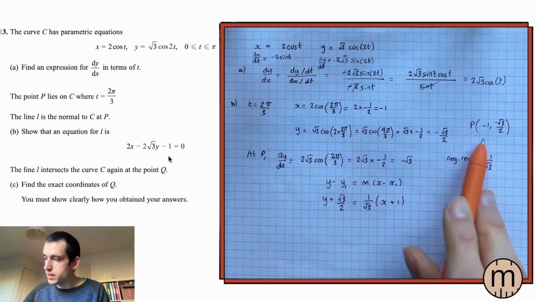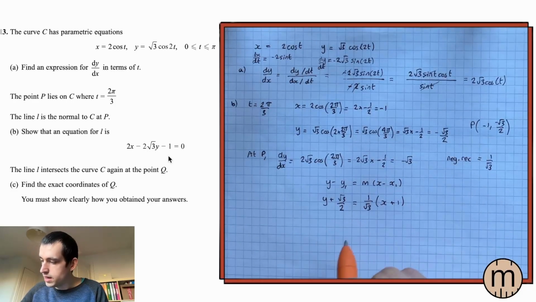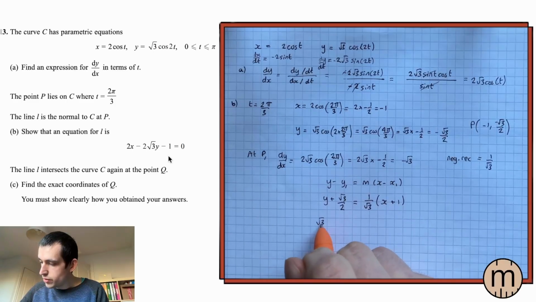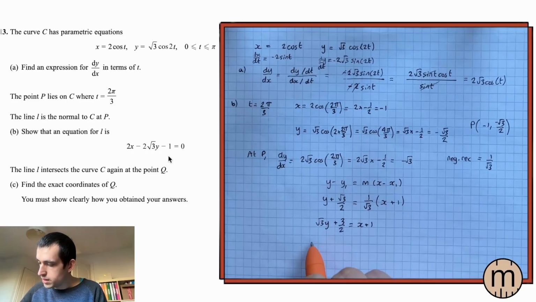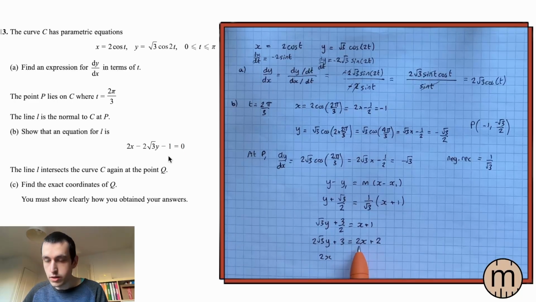I'm doing pluses because both coordinates are negative. I'm going to times everything by root 3, and then times everything by 2, and then rearrange everything onto this side, so I'm going to minus 2 root 3 y, and then minus 3.